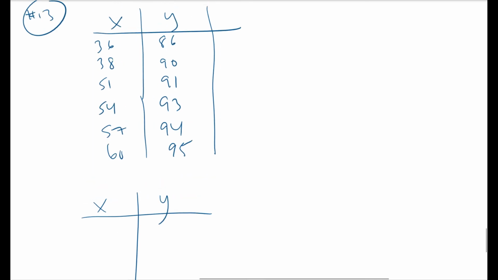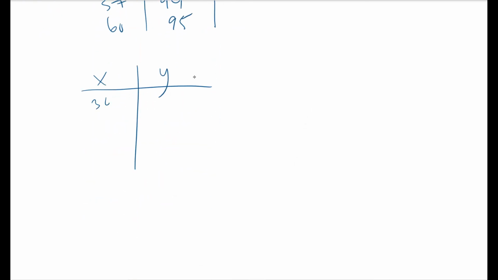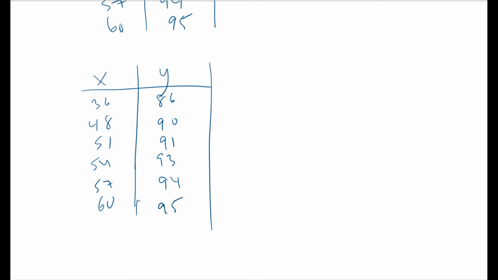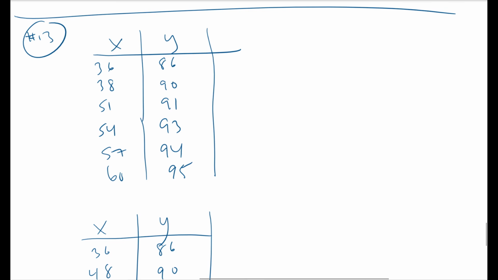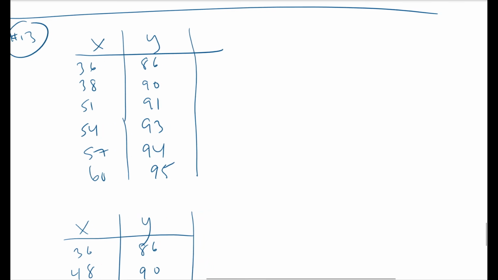I want to rewrite the table twice, so I won't have to do it later on. All right, so now let's do the scatter plot, and then we'll use these tables in a little bit.